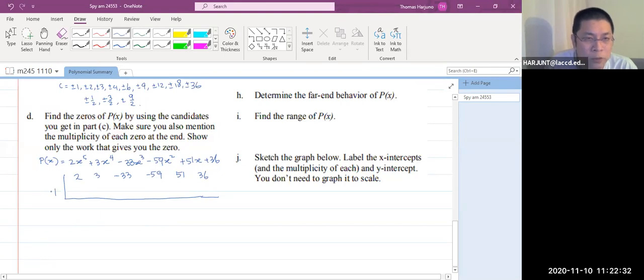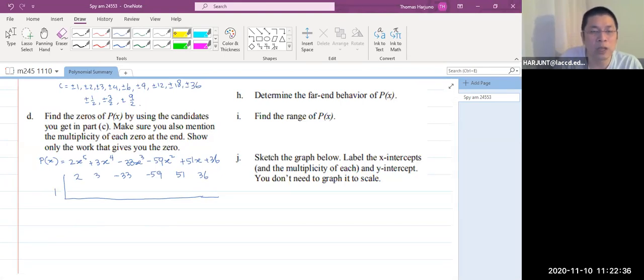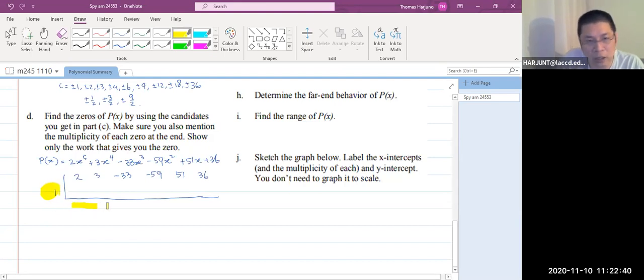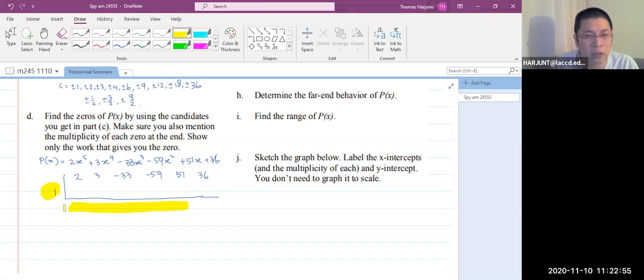What's the point of dividing by x minus 1? Well, because once I know that 1 is a zero, I can divide by x minus 1 and get the other quotient. This is the part that I want to work on later. So using the zero that you already found, you reduce that polynomial from degree 5 to degree 4. And if you can find another zero, then you keep on doing that.